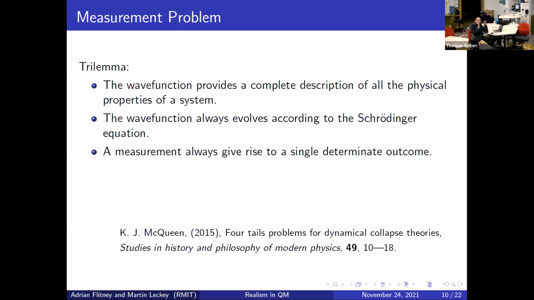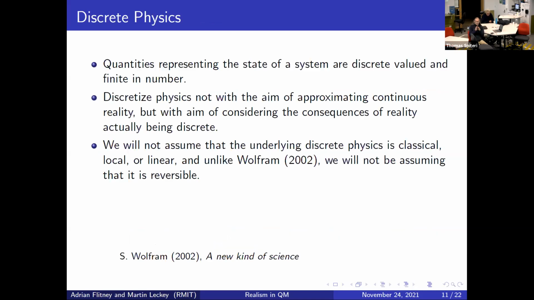And a measurement always gives rise to a single determinate outcome. Those three are inconsistent, because we know we have systems that are superpositions, and if the superposition evolves according to the Schrodinger equation, it remains a superposition, but when I take the measurement, I get a single determinate outcome. So that's the basic issue with the measurement problem.